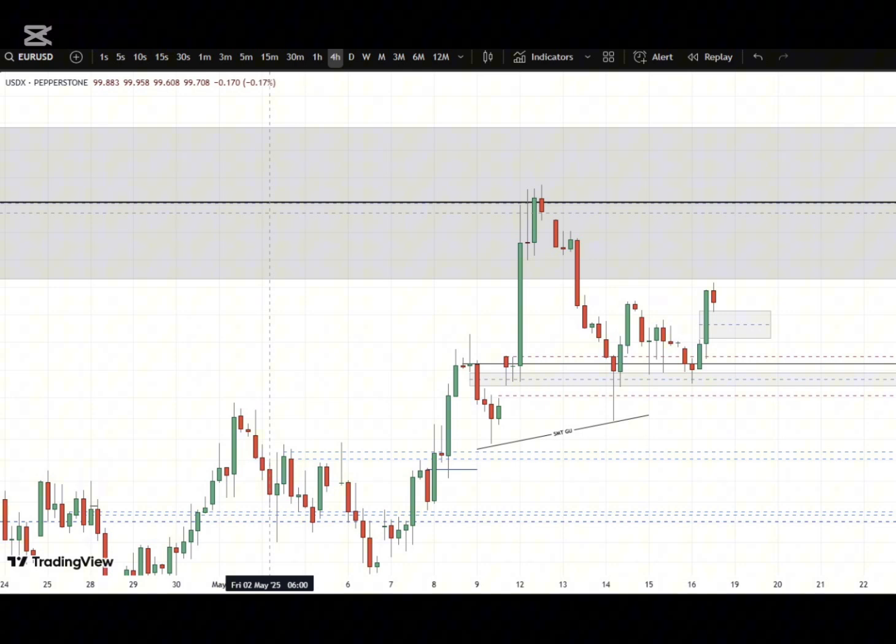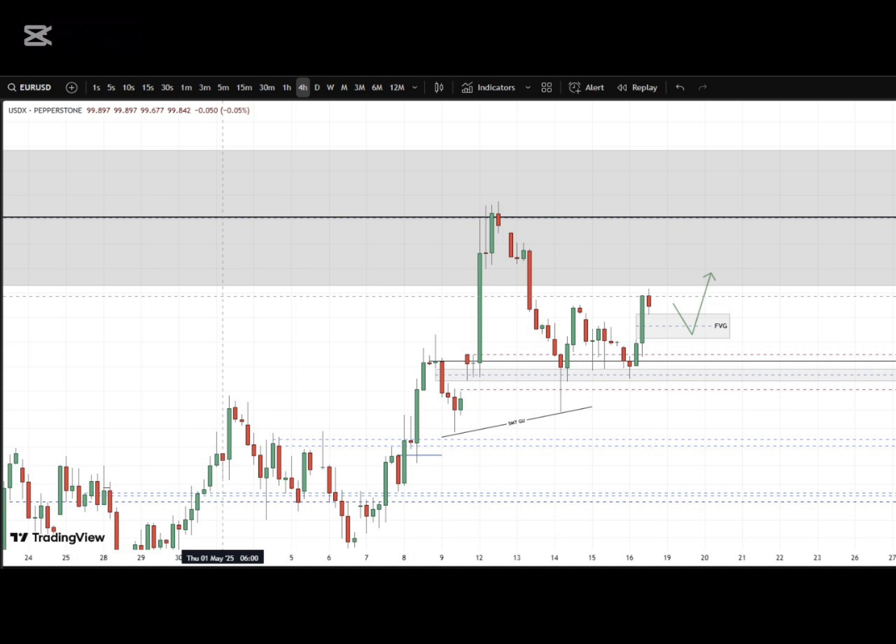A gap is being formed after an SMT is forming at the same time. And of course, this is the area where we have a daily order block. And at the same time, this is an area where we are expecting bullish opportunities. So market might try to retrace back into this fair value gap before rallying upwards.